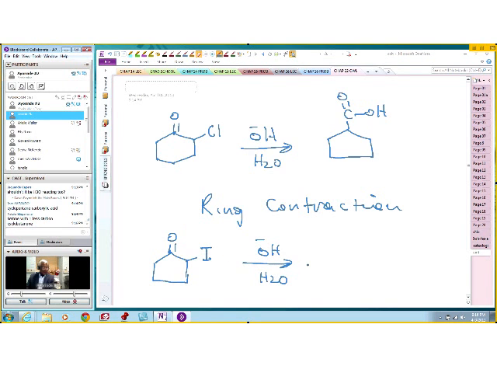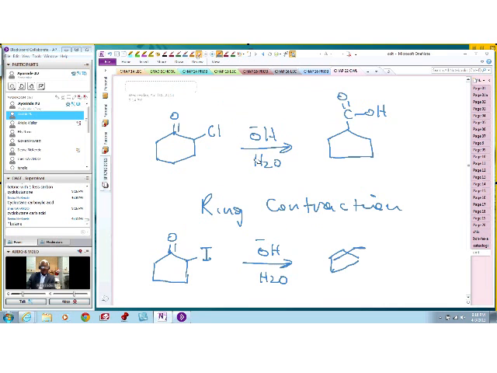Cyclobutane carboxylic acid, exactly. Very good, excellent. So this will give you cyclobutane carboxylic acid.